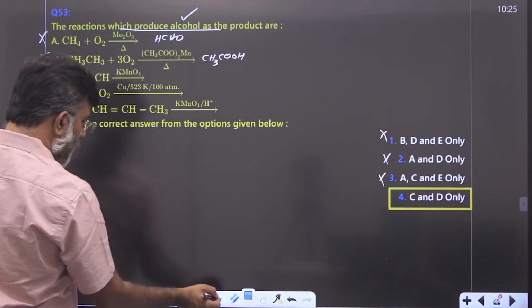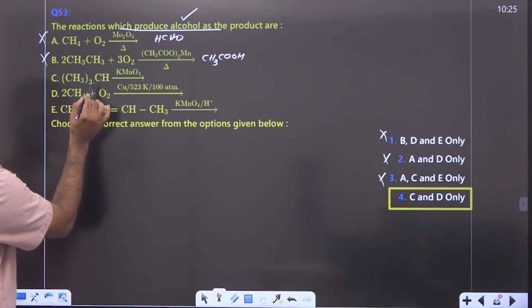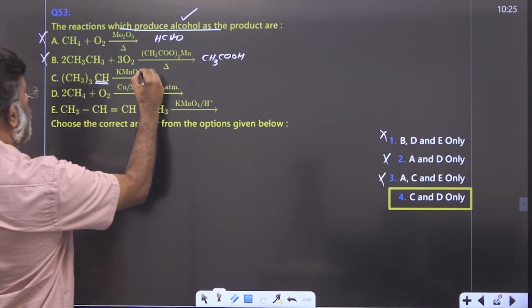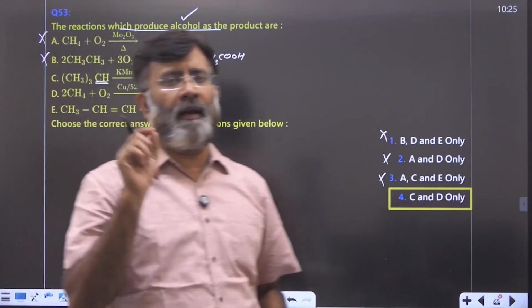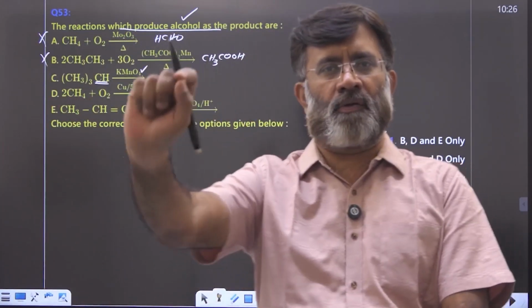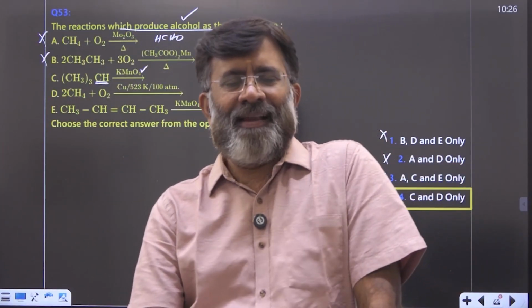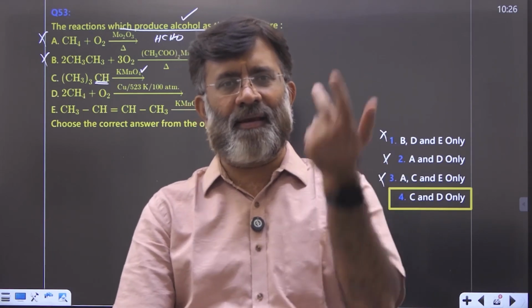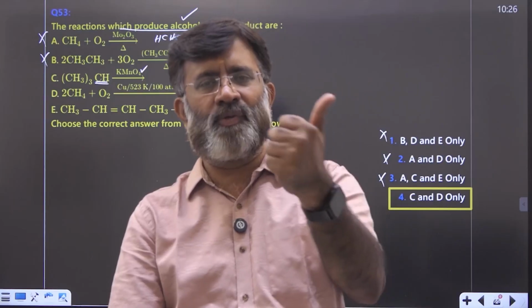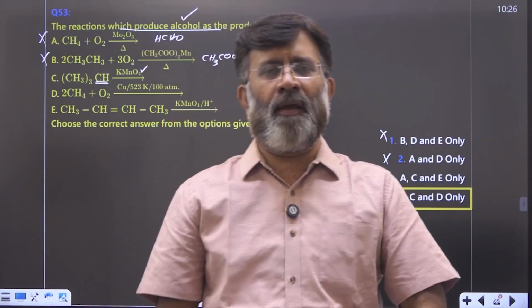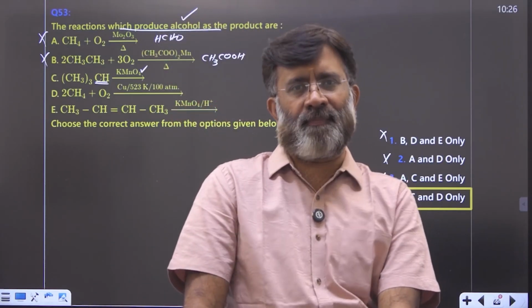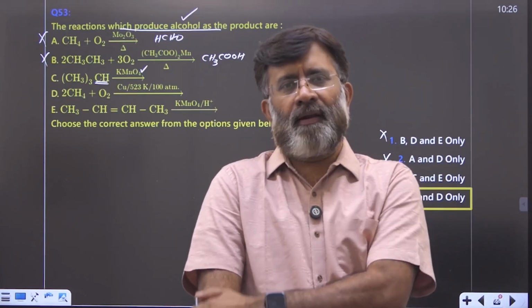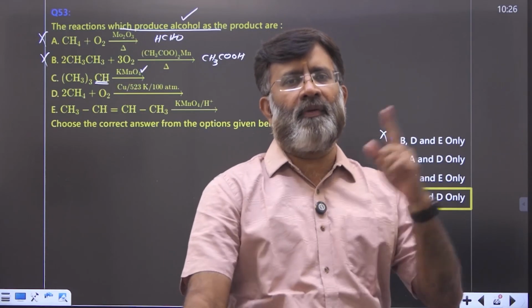C and D. Let us verify. C. This is an alkane with the tertiary hydrogen. Normally alkanes resist oxidation. Alkanes means paraffins. They are unaffected by acids, alkalis, oxidizing agent, reducing agent, etc. But an alkane with the tertiary hydrogen, when treated with the KMnO4, it will give you an alcohol.